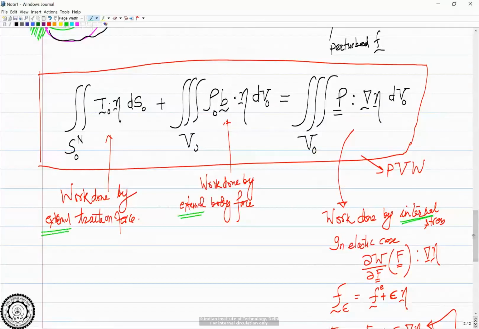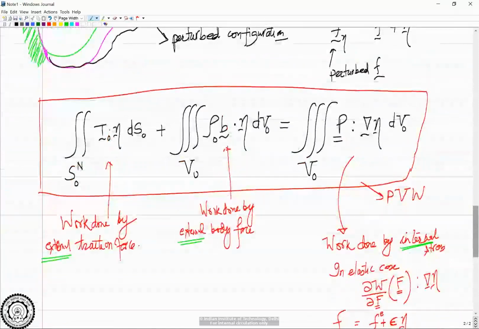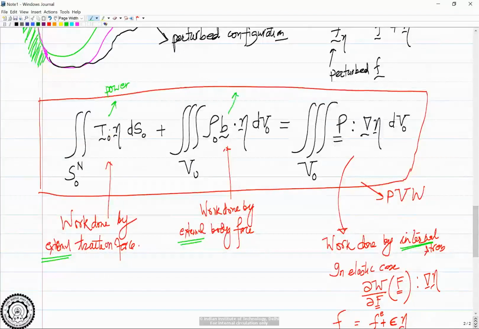You can also make it a power statement by saying that eta is virtual velocity. If you say eta is virtual velocity, that means it's a velocity instead of displacement. Then each of the terms becomes power, right? Power of the traction, and this becomes power of body force.